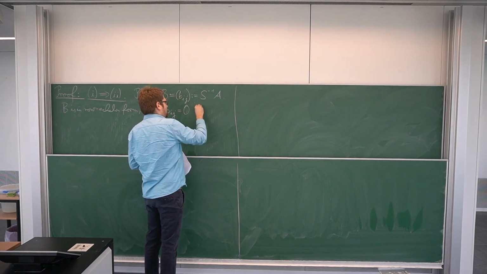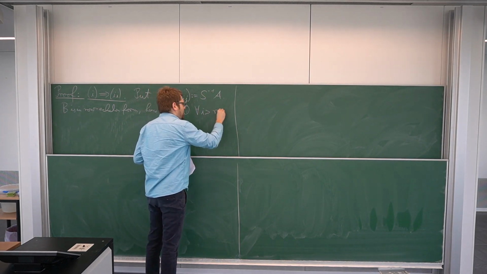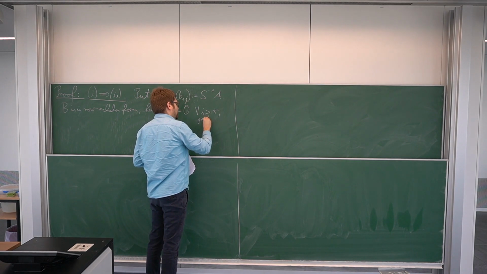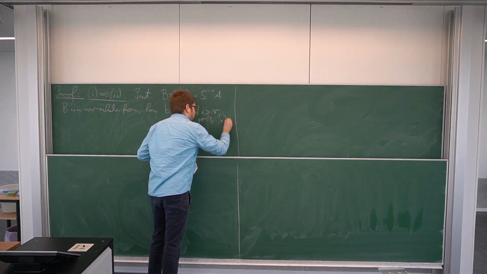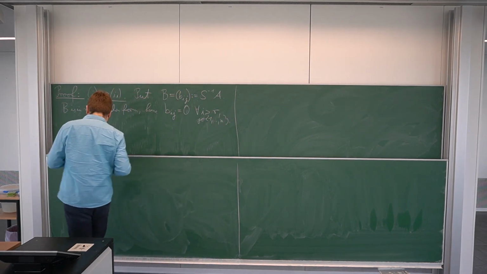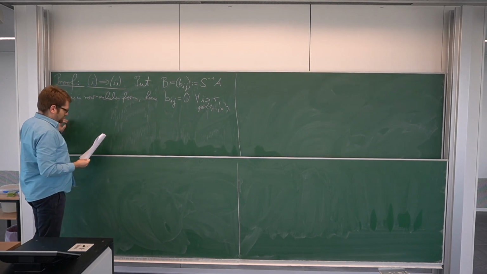So this means for all i bigger than r and all j between 1 and n. That's a particular consequence of the row echelon form.